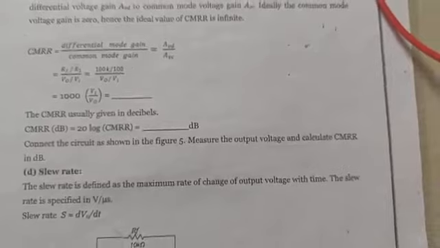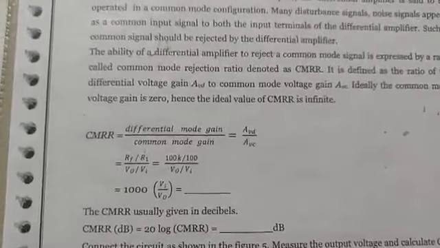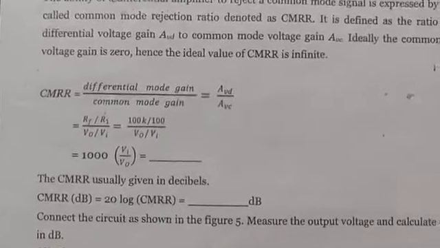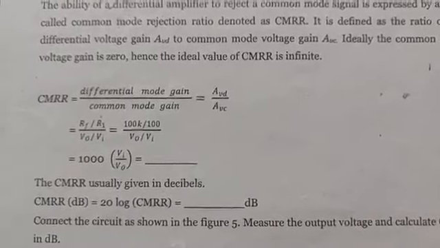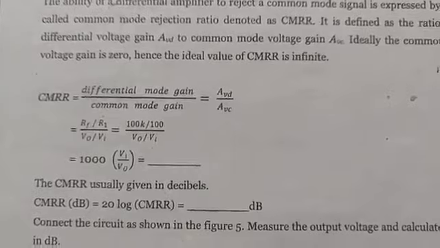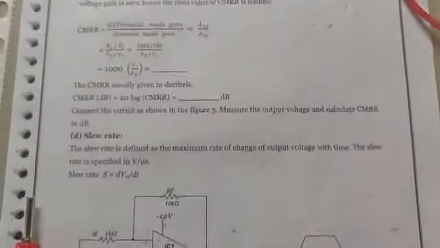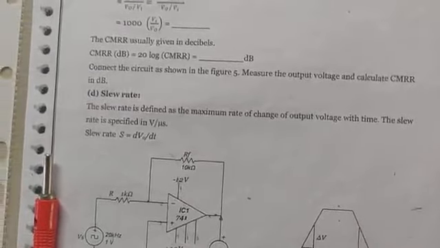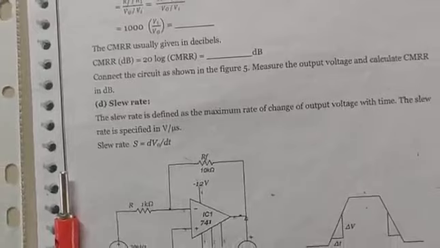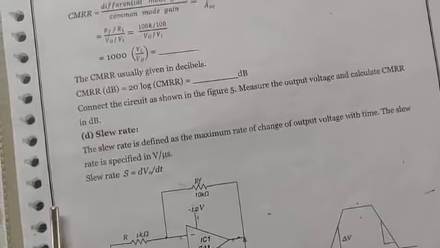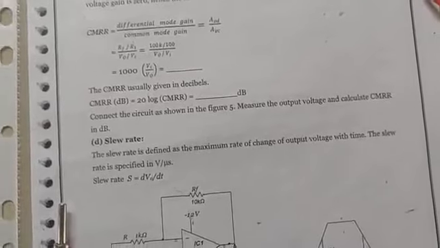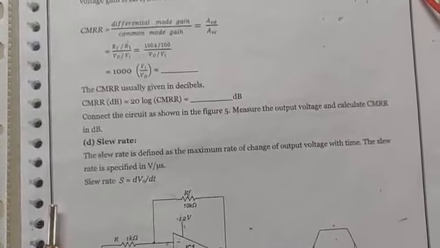So approximately CMRR is going to be 10,000. And if you take the log of this 10,000, that is 20 log CMRR. 20 log of the CMRR of 10,000 will come nearly approximately around 60 dB or something, whatever it comes. You calculate that one, I'm not going to calculate. So this is the way the third parameter CMRR also can be measured.